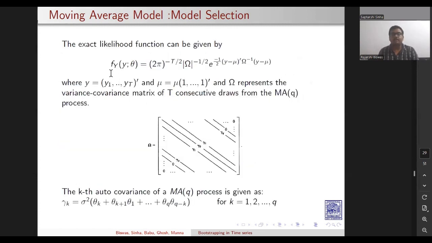Now our likelihood function can be represented in this form, where y is the data vector and mu is the mean vector. Omega represents the variance covariance matrix of these data points, and omega can be represented in this form, where gamma_k is the covariance between y_t and y_(t-k), that is the lag of k time points, where k runs from 1 to q.